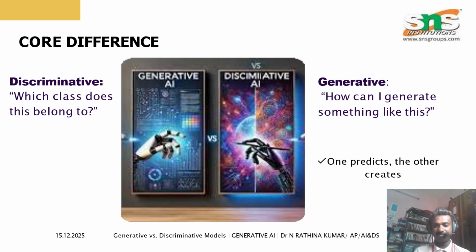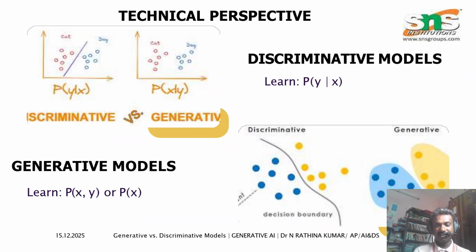For generative AI, how can I generate something like this? Based on this, how to generate it? So the discriminative model predicts, and the generative model creates something. This is the technical perspective, how we can classify these two things, as shown in this slide.